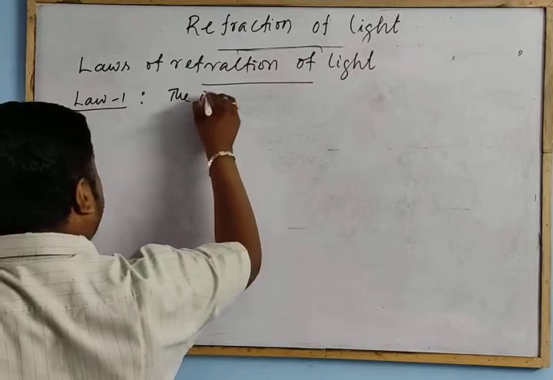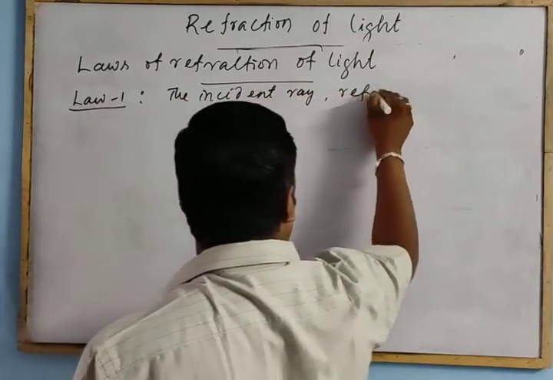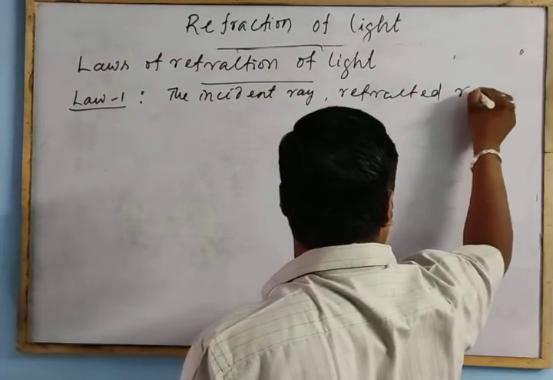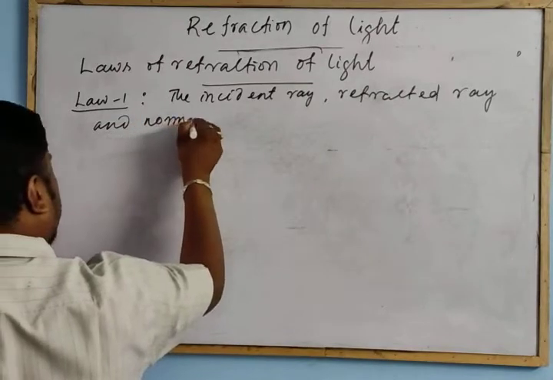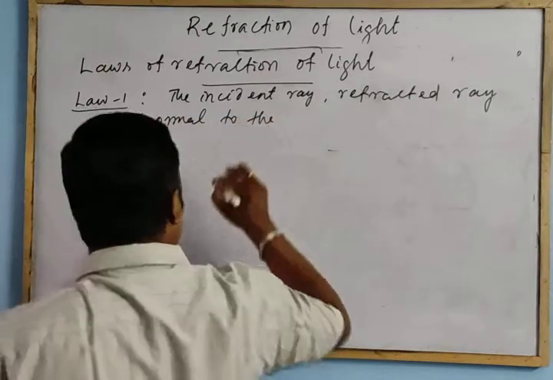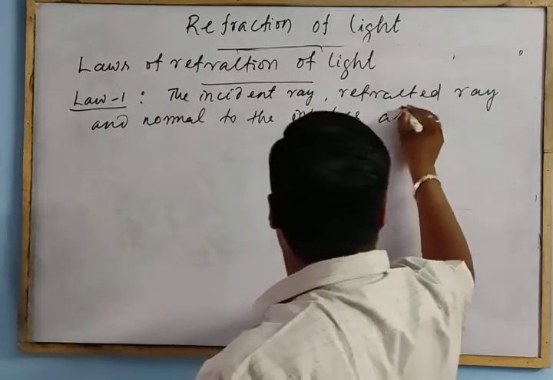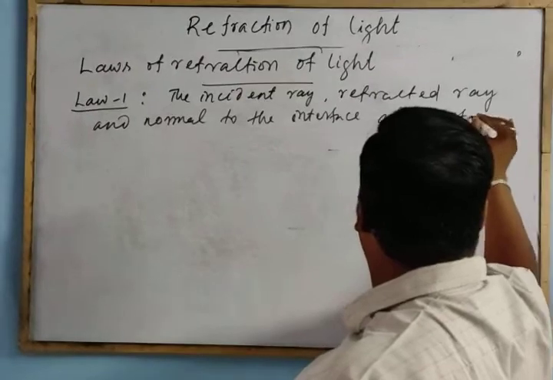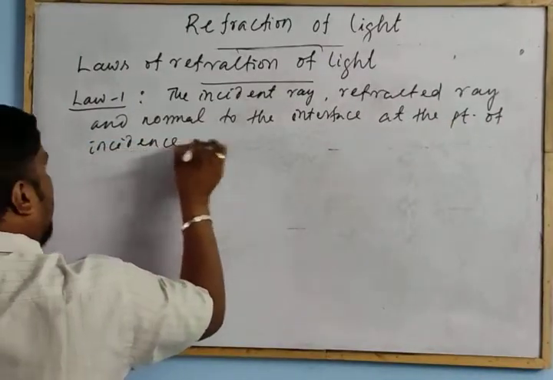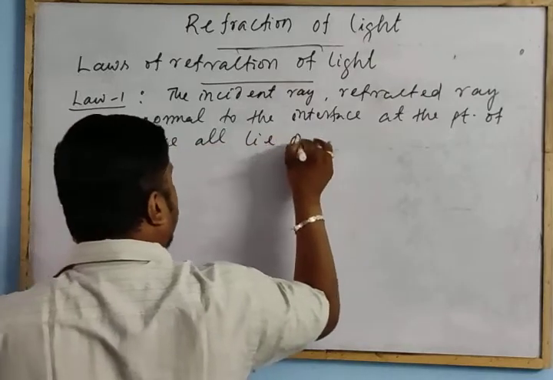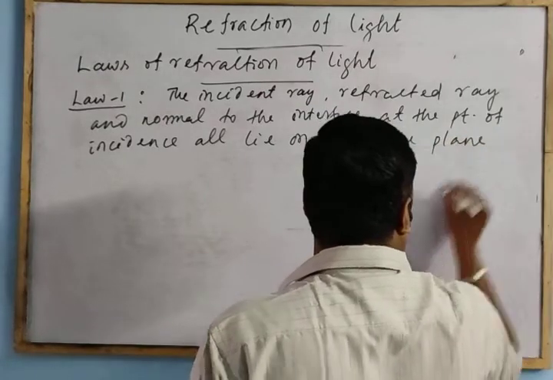The incident ray, refracted ray, and normal to the interface at the point of incidence all lie on the same plane.